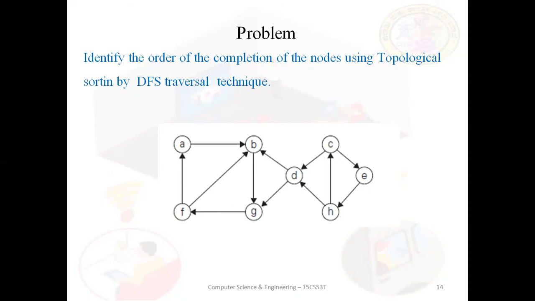This is what is going to happen in this traversal technique, and reversing the order of the popped items will give you the result for topological sorting. I hope you will all solve this problem and get a solution.